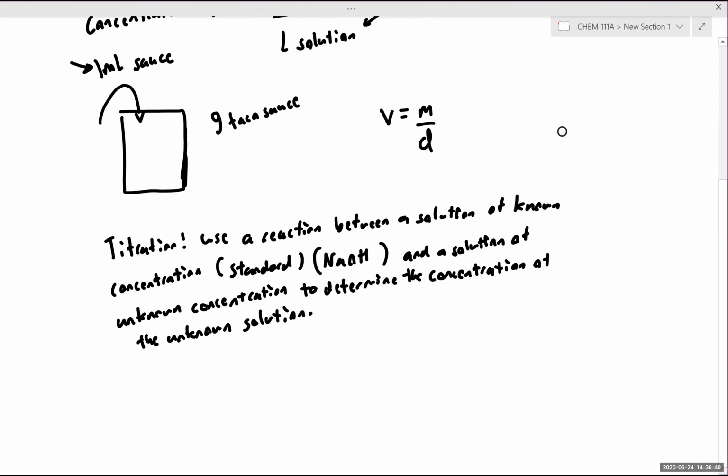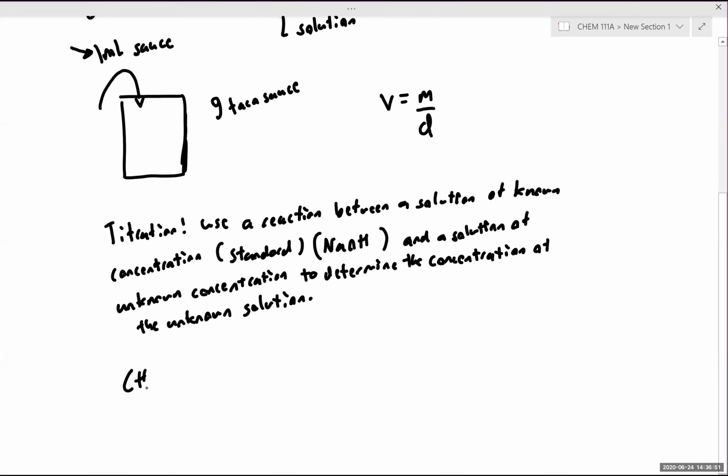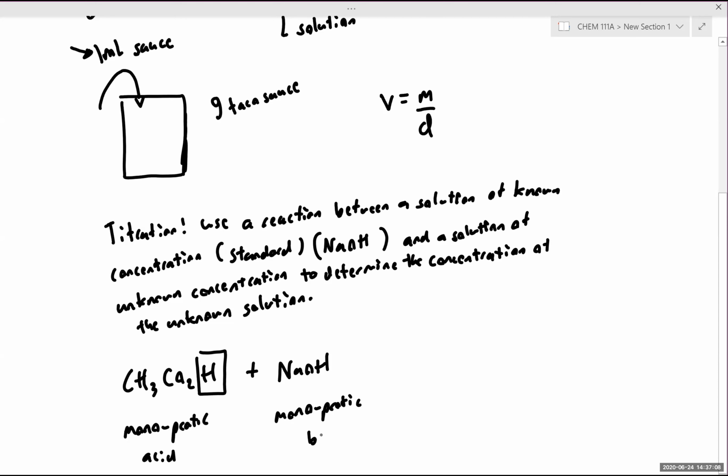So in this case, we have another chemical reaction. We have acetic acid, which is known as a monoprotic acid, 1 proton, reacting with sodium hydroxide, which is a monoprotic base. After reaction, you'll generate sodium acetate plus water.